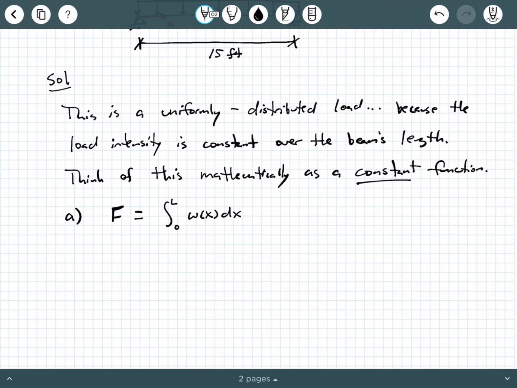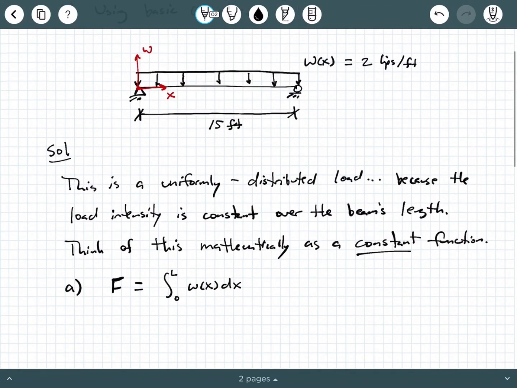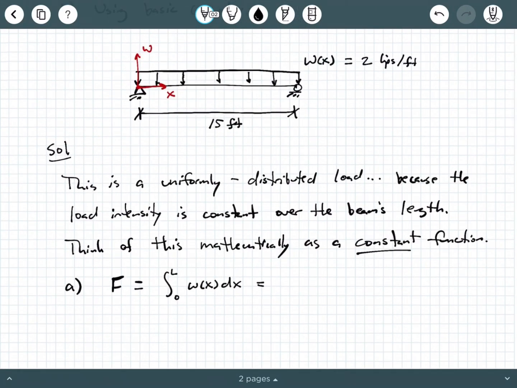In this case, W as a function of X is just 2 kips per foot. I'm going to keep my units in there just to be proper. So I'm going to take the integral from 0 to 15 feet of 2 kips per foot, dx. Be mathematically proper there.